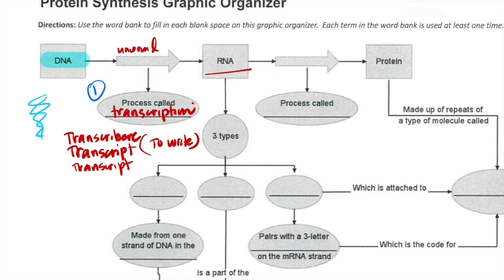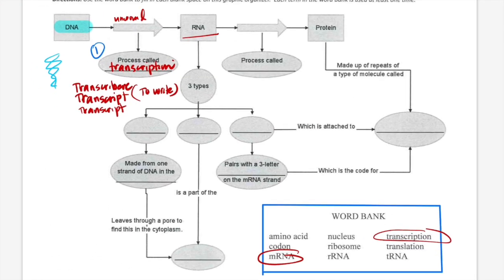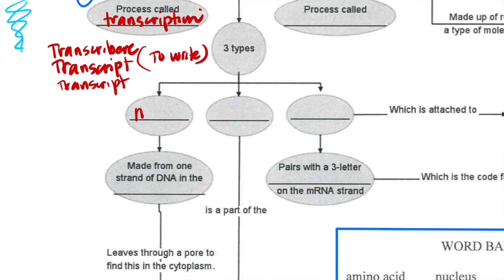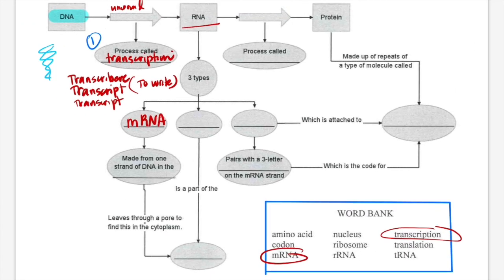And so what would that something be? That something, if we take a look at our word bank, would be mRNA. Okay, our mRNA is our messenger RNA, and our messenger RNA is simply made from one of the strands of DNA, and so we need to fill in this blank.